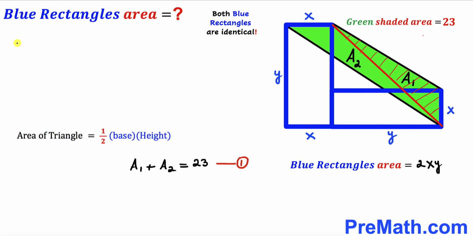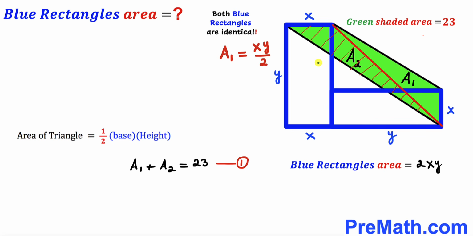So we can write the area of this triangle, A sub 1, equals a half times x times y. So we conclude that A sub 1 is x times y divided by 2.